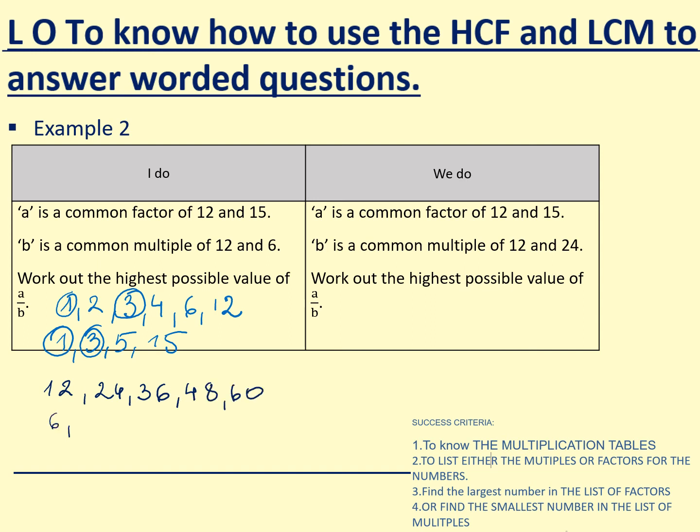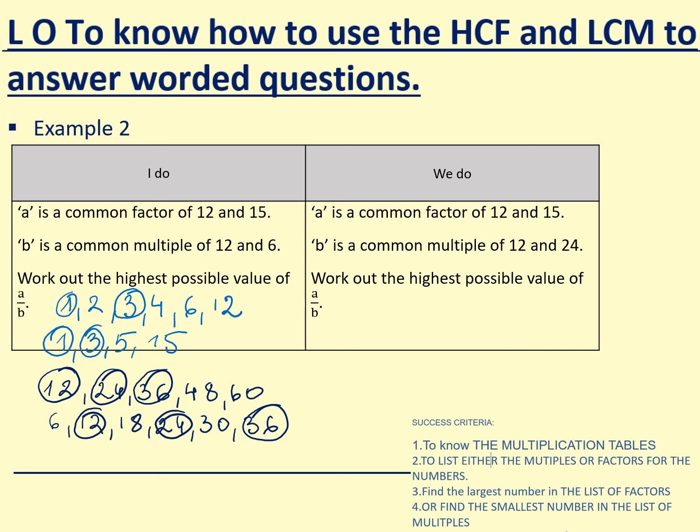Multiples of 6: 6, 12, 18, 24, 30, 36. Also in here we've got more than one multiple, so it's 12, 24, 36.